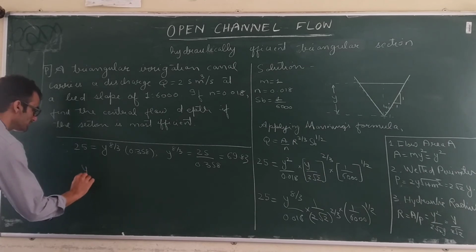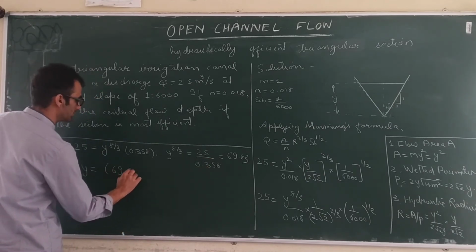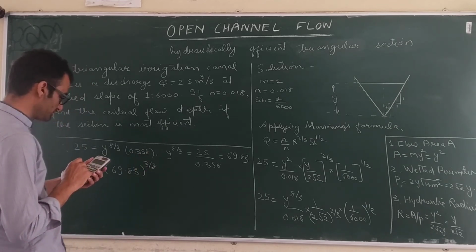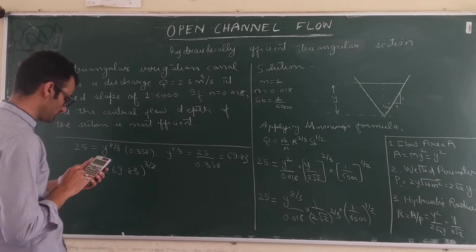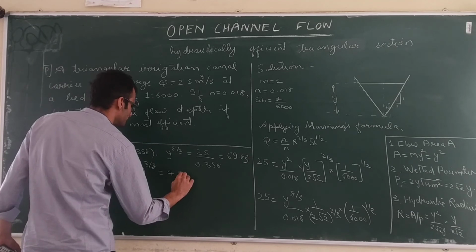Therefore your y will be 69.83 raised to 3 by 8, so that will be 4.91 meters.